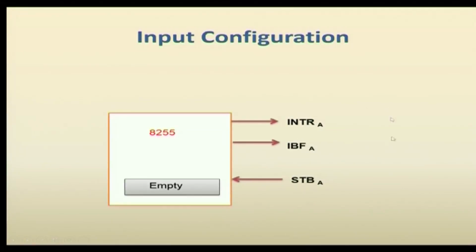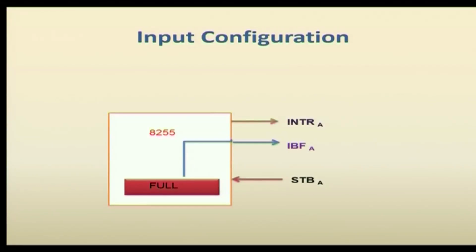When the input device sends the data to the 8255, the strobe signal will be enabled. Once the strobe is enabled, it represents that it is receiving the data. So, the buffer is filling. After filling the buffer, it will intimate the input device that the input buffer is full. Then the input device will stop sending the data.